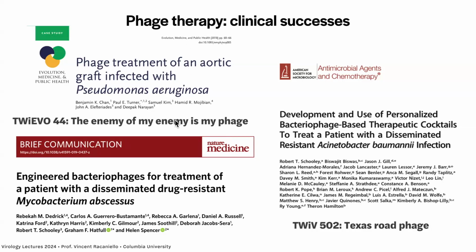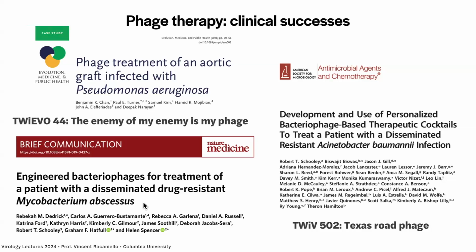here. And we talked about this paper on TWiV 44, below this, Nature Medicine, engineered phages for treatment of a patient with disseminated drug-resistant Mycobacterium abscessus. So this was an immunosuppressed patient that was infected with this mycobacterium.